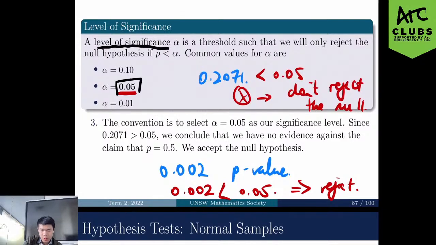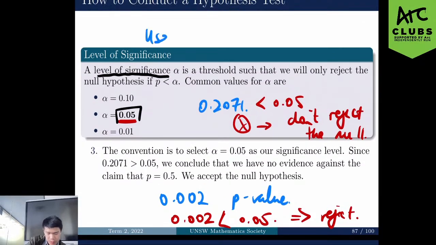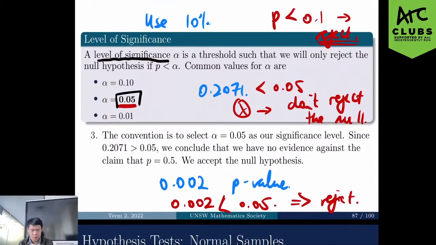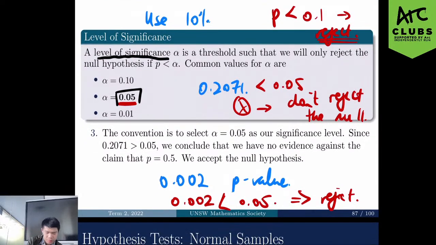If they say use level of significance 10%, then you only reject if your p-value is less than 0.1. And that's our conclusion. Because our p-value is too big, we don't have evidence against p equals 0.5, so we do not reject our null.